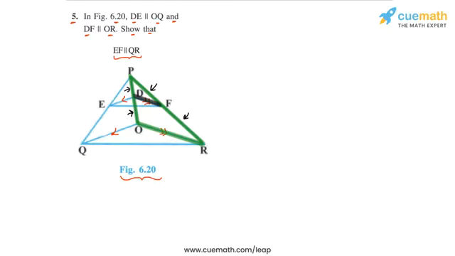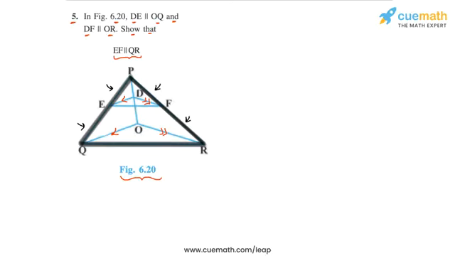So basically we get PE by EQ equal to PF by FR, and if we consider triangle PQR, the full triangle, PE by EQ equals PF by FR, which would mean that EF is parallel to QR by the converse of the basic proportionality theorem.